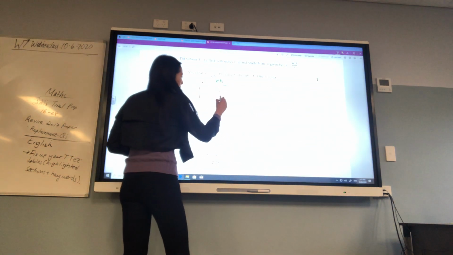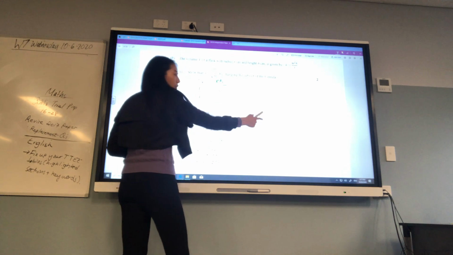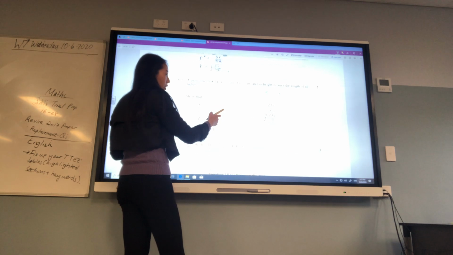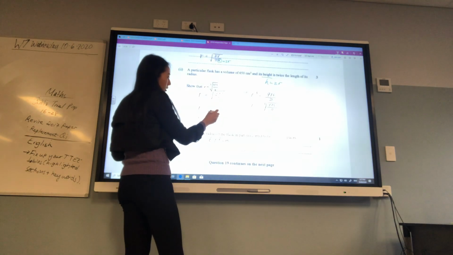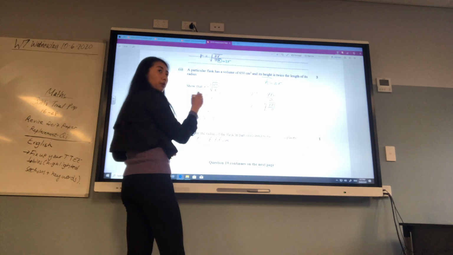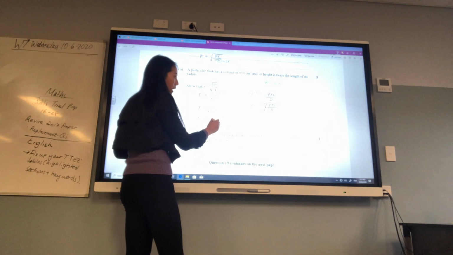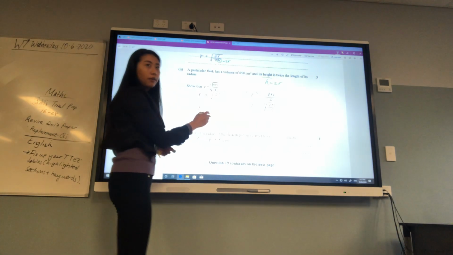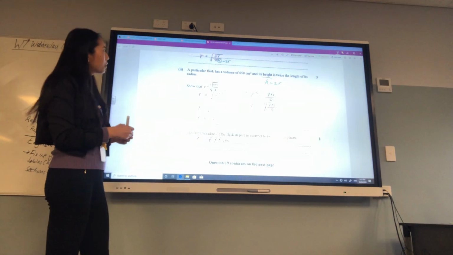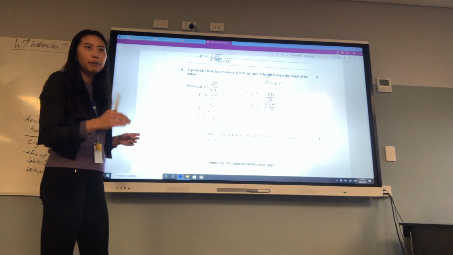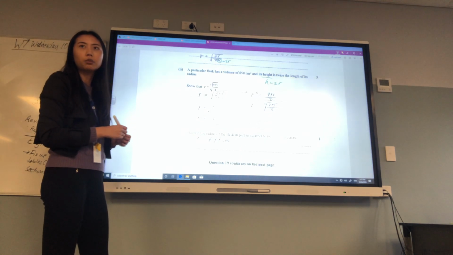And h is equal to 2r, according to the question. Once you've substituted that into the equation, you simplify first, you'll get this, and to get rid of the square root, you need to square both sides. And you'll see this actually is still an r at the bottom. Oh, so you... Yeah. At the start I was also like, how does the cube appear? But once you do it step by step, it actually makes sense this way.